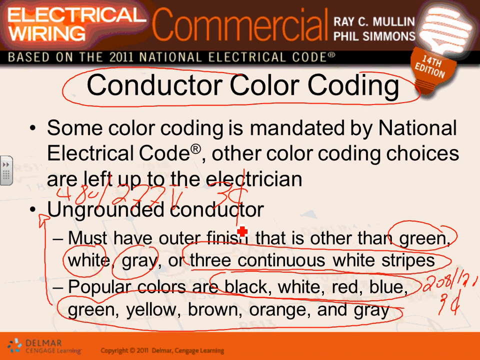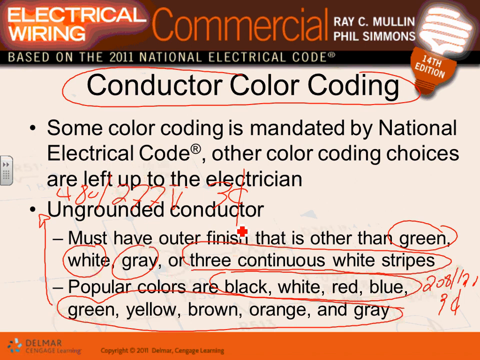Any comments, any questions, guys, about the color coding for the conductors that you have for branch circuits and feeders? If it's a grounding conductor, it's green. If it's a grounded conductor, either white or gray or white stripes on any color other than green. I'm sorry, other than white or gray.